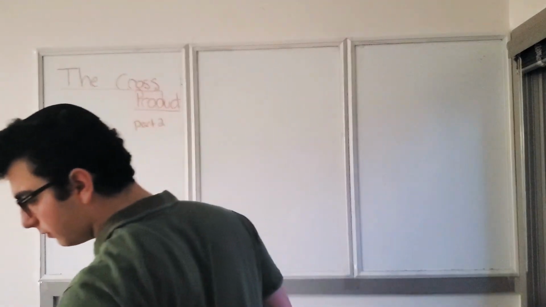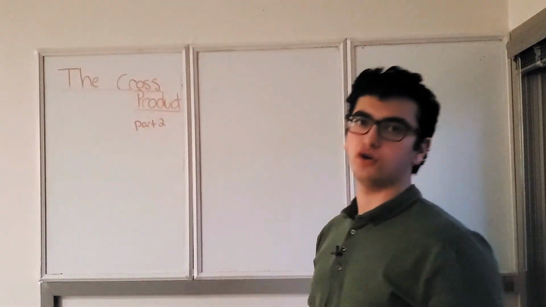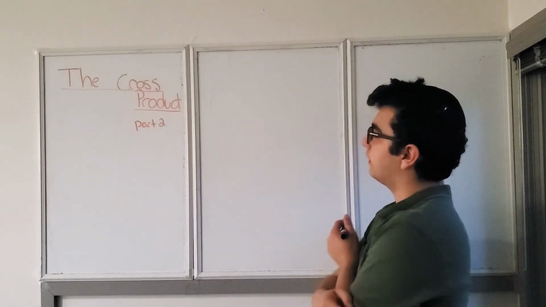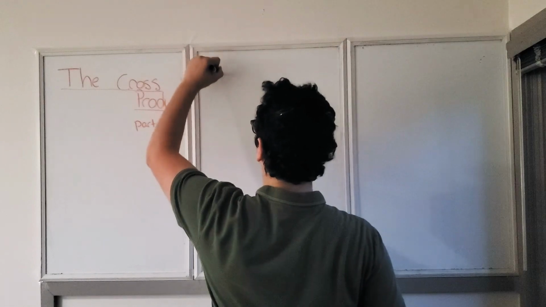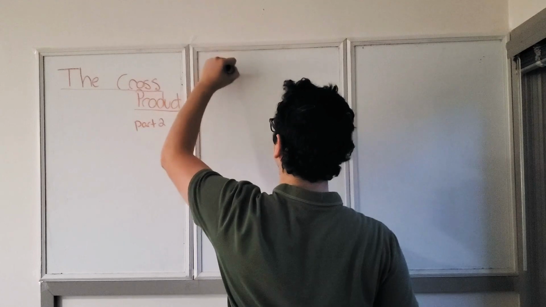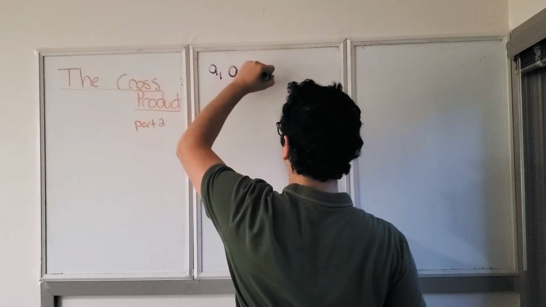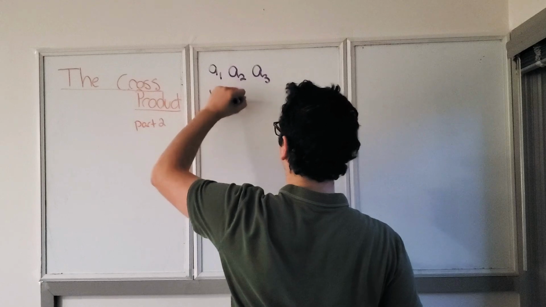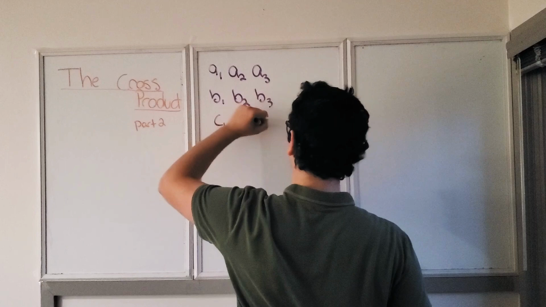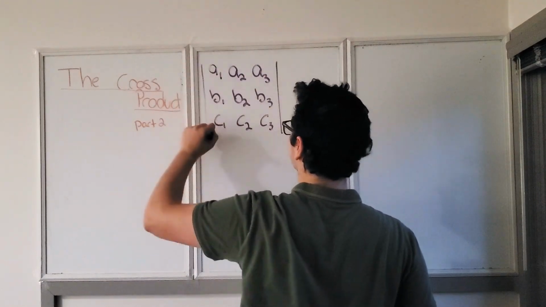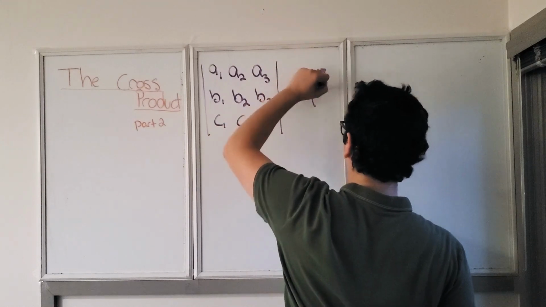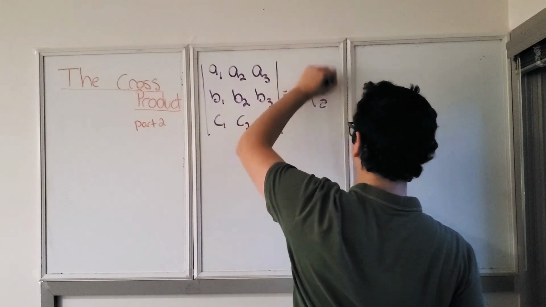Now, another thing we can do, which is more common, is using a determinant of order 3. That means it's a 3 by 3 thing instead of the previous 2 by 2 that I just showed you. So if I have A1, A2, A3, B1, B2, B3, C1, C2, C3, I want the determinant of that. I could also write it as the determinant of A vector, B vector, and C vector.